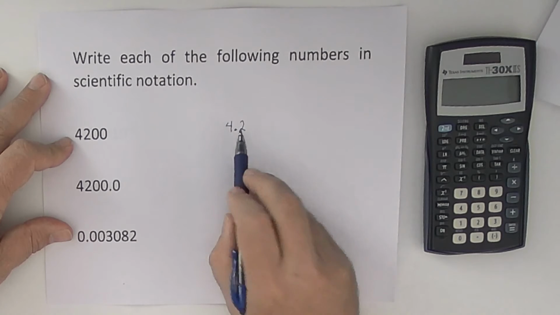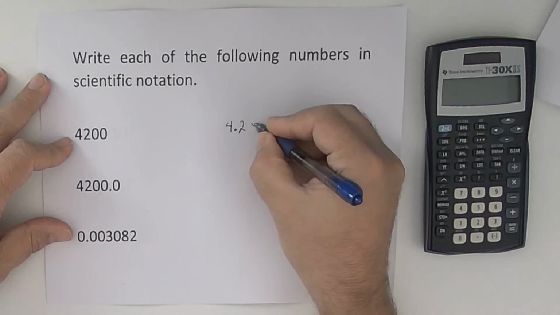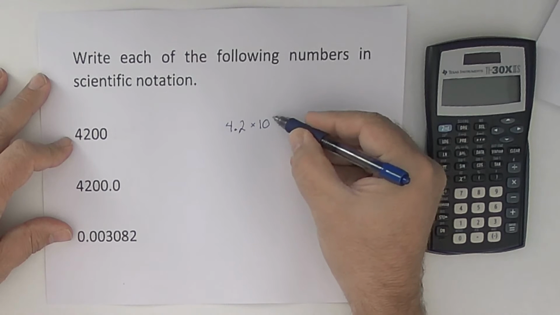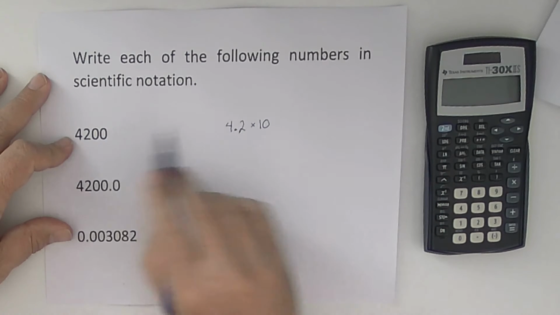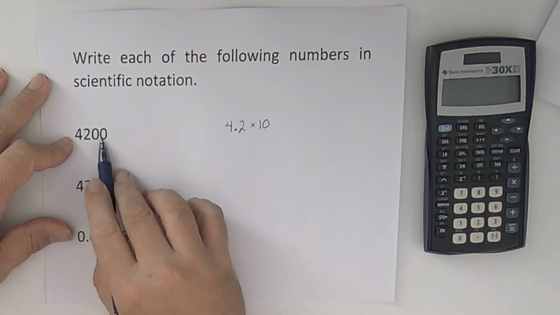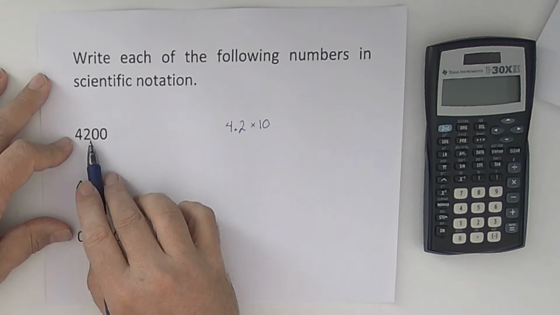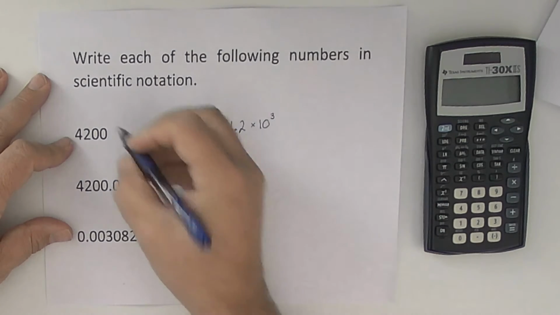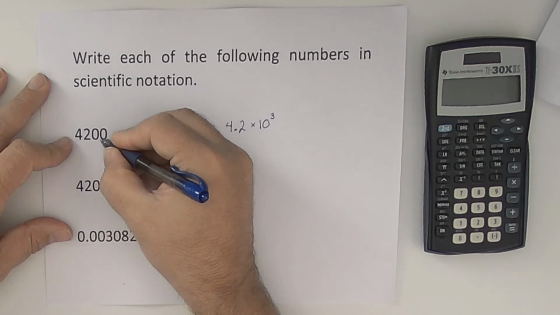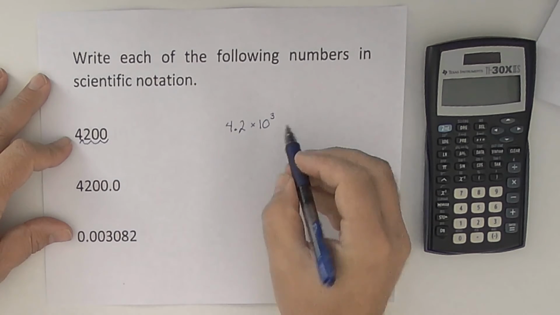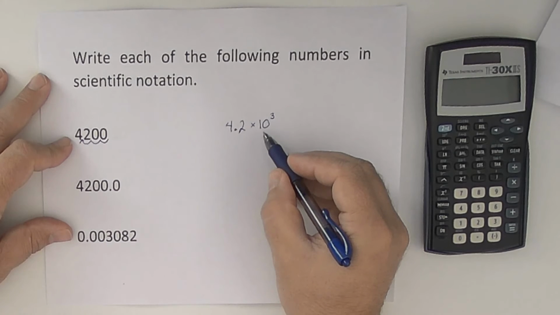The next part is to work out the exponent. So you're going to write times 10, and then you need to figure out what number needs to be there. In this case, if we take 4.2 times 1,000, then we'll end up with 4,200. 1,000 is 10 to the 3. Another way of thinking about it is we move the decimal point 1, 2, 3 spots to write it in scientific notation.